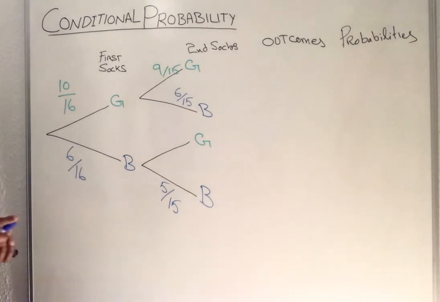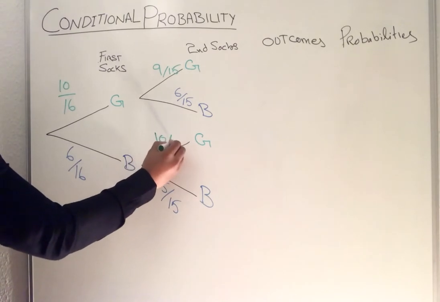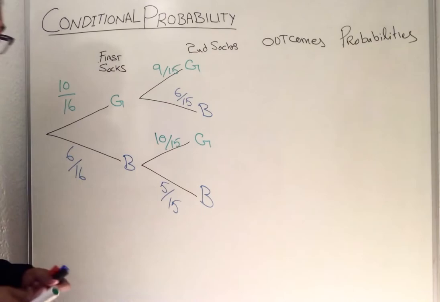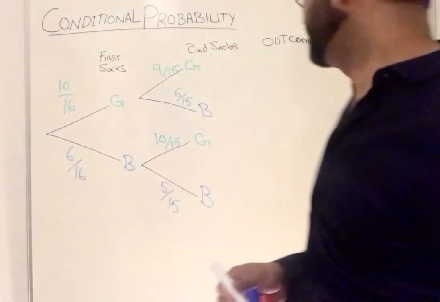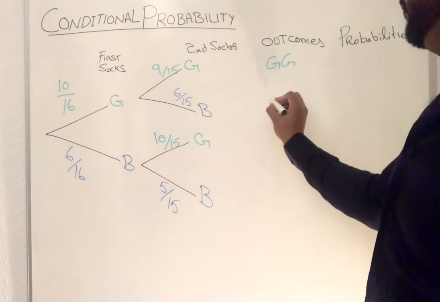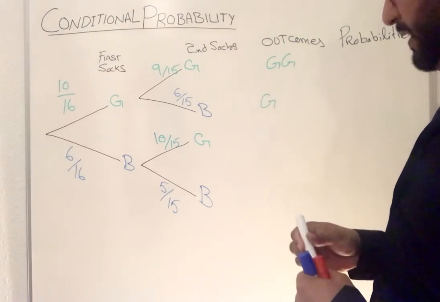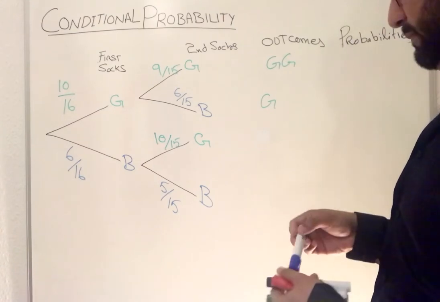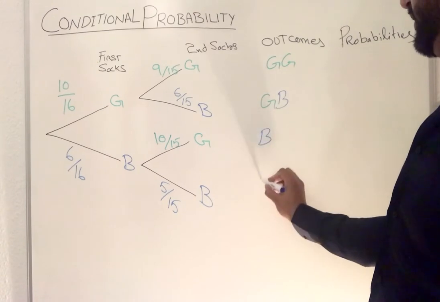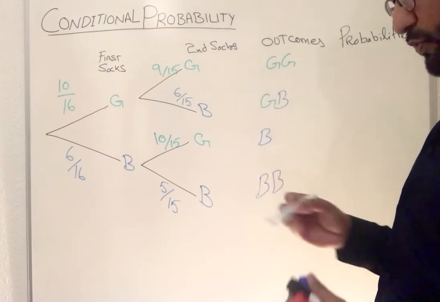So how many green we got there? 10 out of 15, because one has already gone, so then it's called a conditional one. So now we can see in here what is the outcome of that. The outcome is green, green, the outcome is green and blue, and the outcome is blue and green and blue and blue.